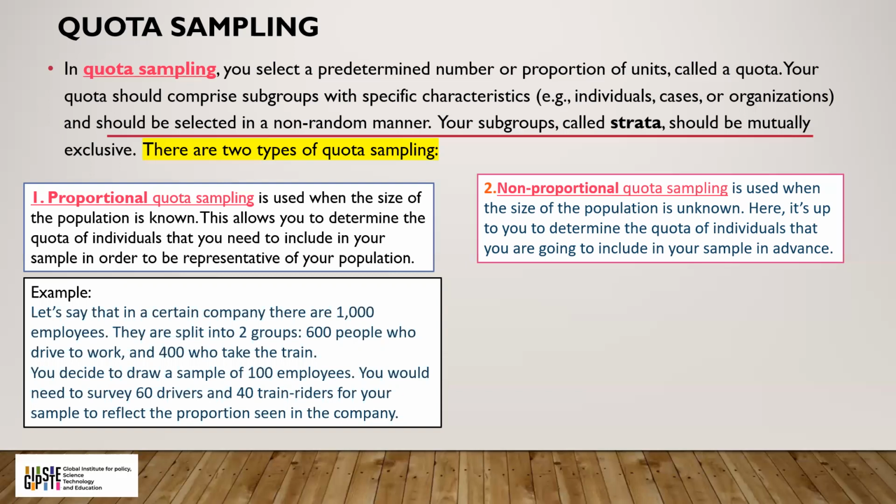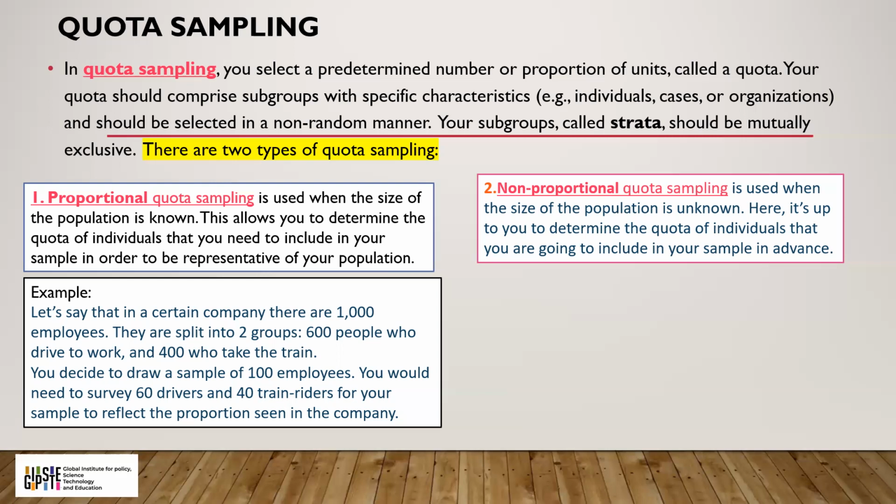So you will need to survey 60 drivers, because remember you have 600. So 60 drivers, okay, out of the 600, and 40 train riders from the 400, so that you can get your 100 employees for the sample, okay?